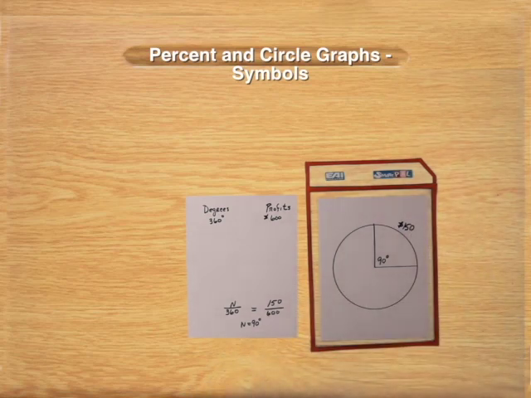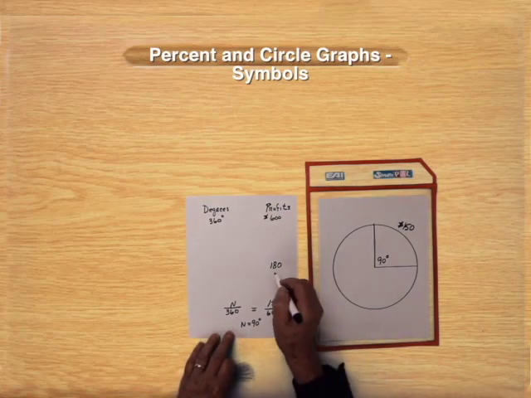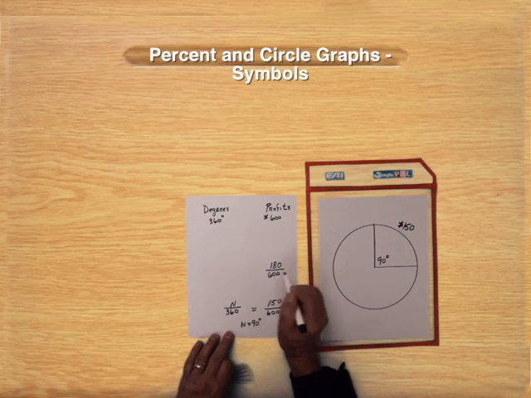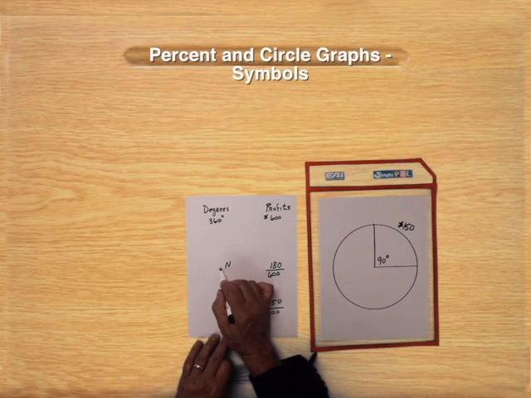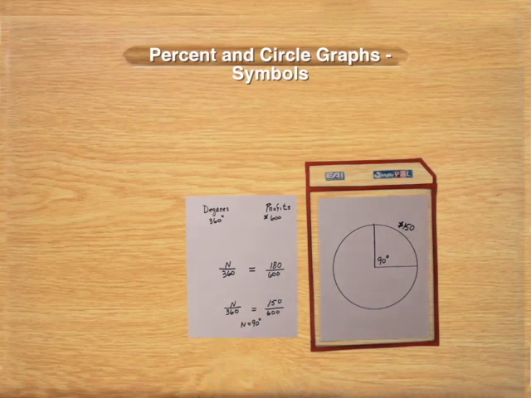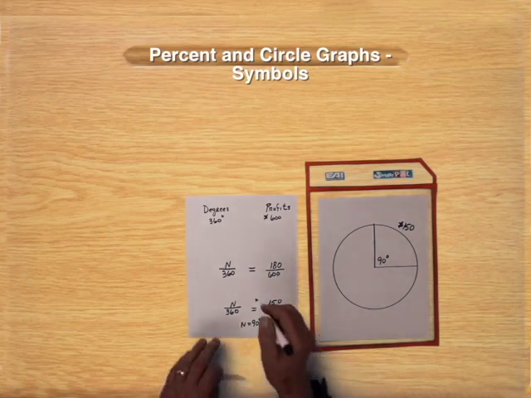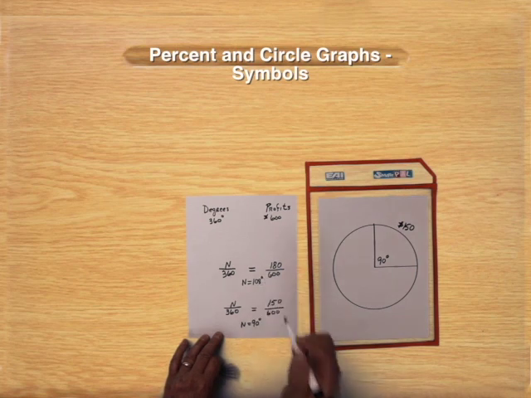The next number we looked at was $180 in profits. And again, on our chart, if you remember, 180 is in the same relative position to 600 as the number of degrees we want to represent it by is to 360 degrees. So there's our proportion. And when we solve this proportion, we get an answer that n, the number of degrees in our angle, is going to be 108 degrees.